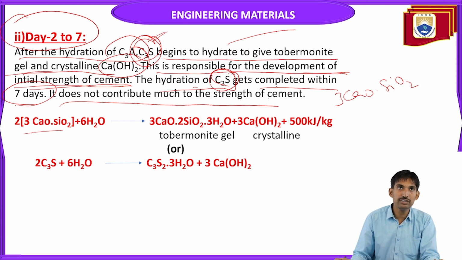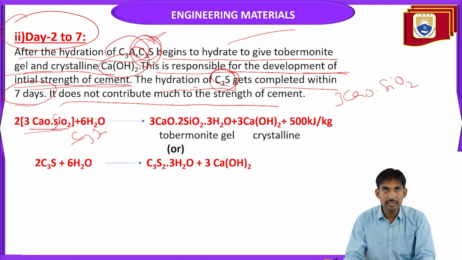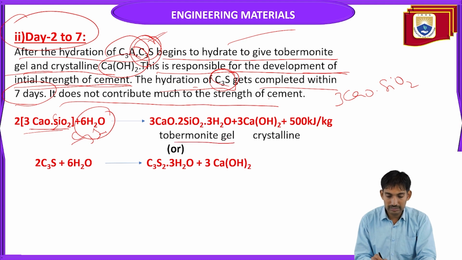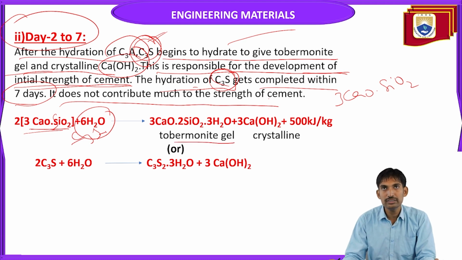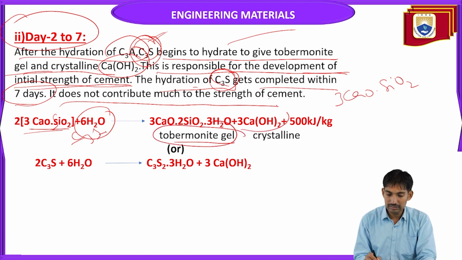See the reactions between C3S and water. 3CaO.SiO2, tricalcium silicate, reacts with water. It forms tobermorite gel, that is 3CaO.2SiO2.3H2O, and calcium hydroxide, which is crystalline.